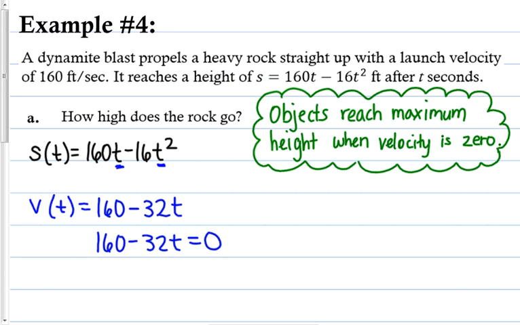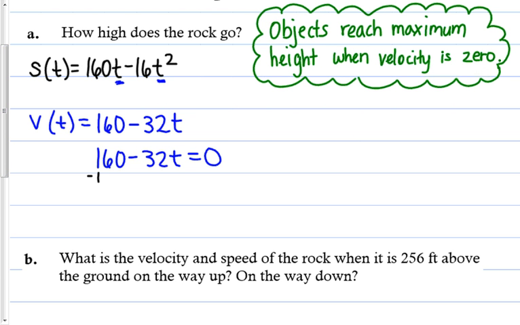I'm going to figure out when this rock gets all the way to its maximum height. So subtract 160 from both sides, and I get negative 32t equals negative 160.